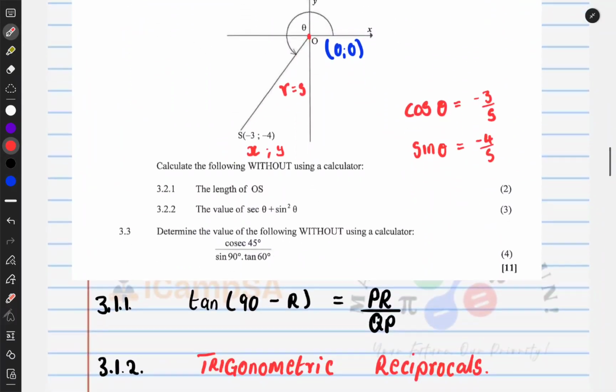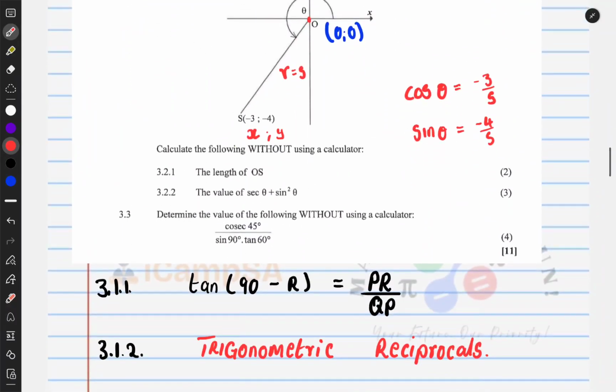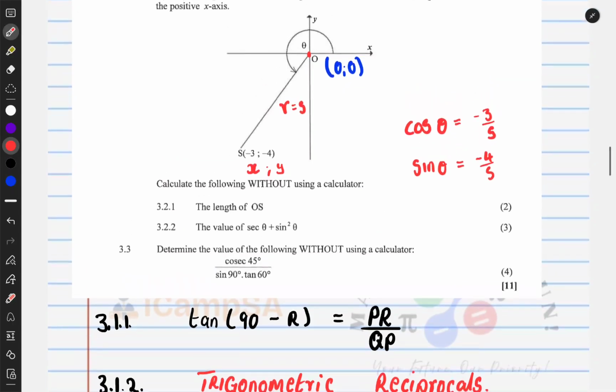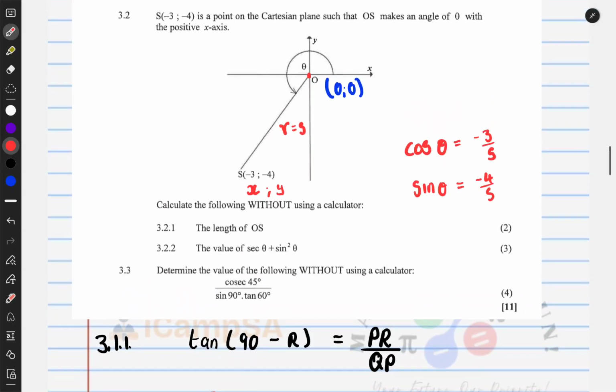Okay, and then determine the value of the following without using a calculator: the value of cosec 45, sine 90, and tan 60 degrees. Okay, so here what is important for you to realize is that we are dealing with special angles.